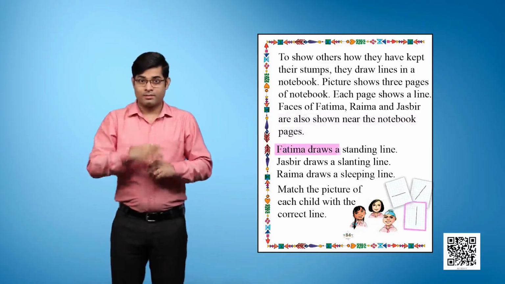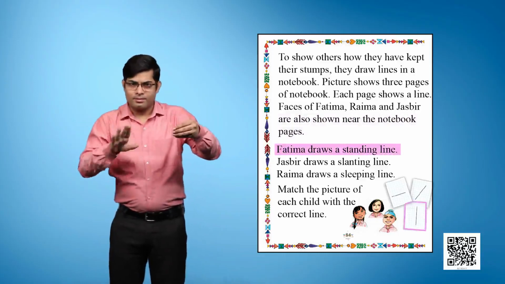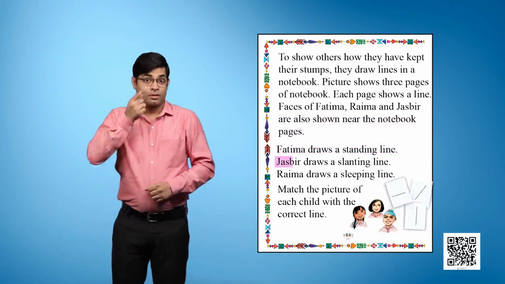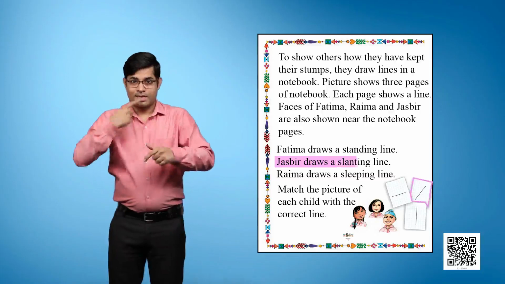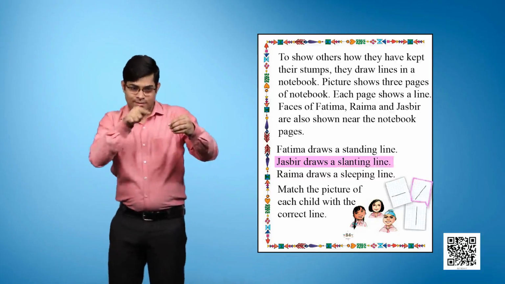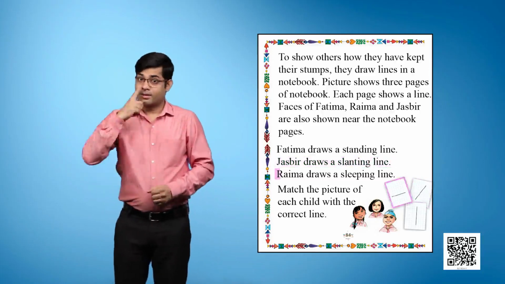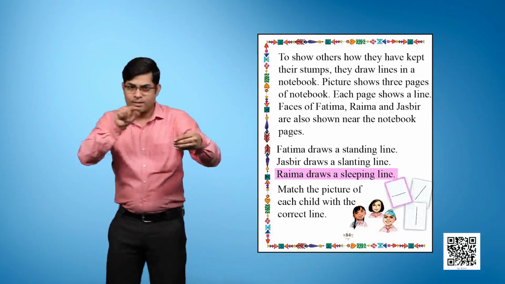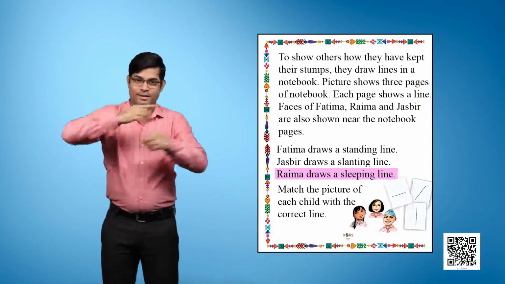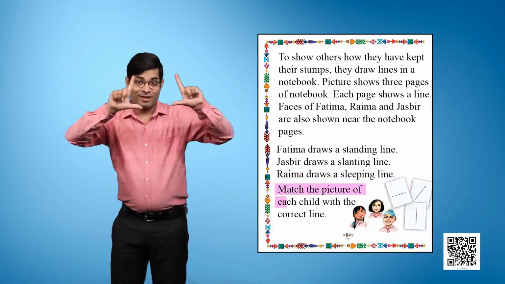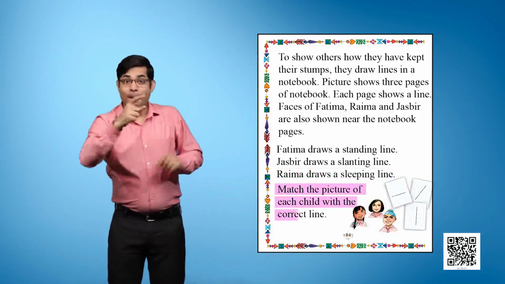Fatima draws a standing line. Jasbir draws a slanting line. Raima draws a sleeping line. Match the picture of each child with the correct line.